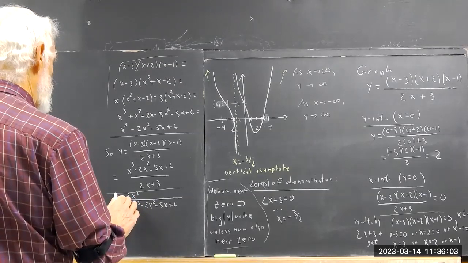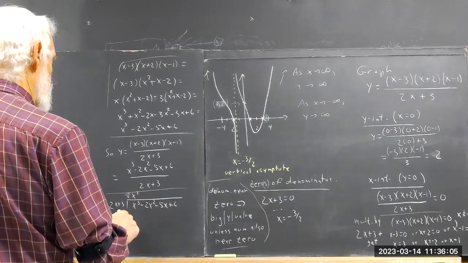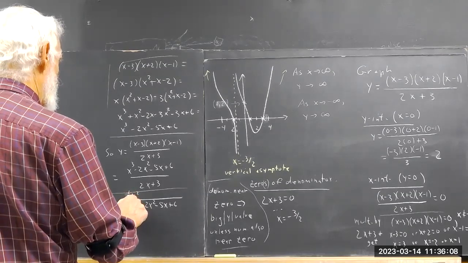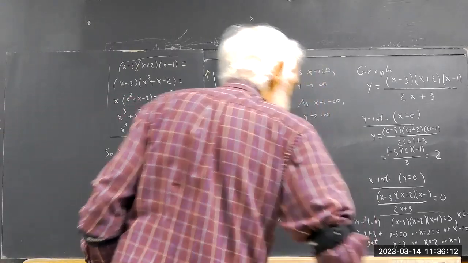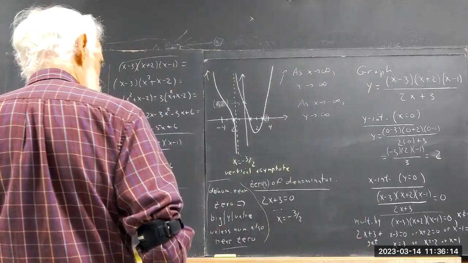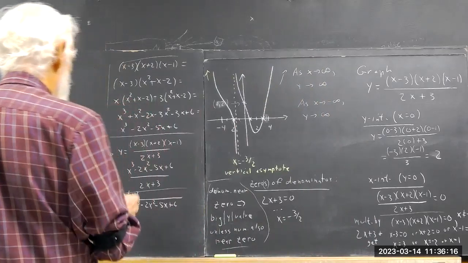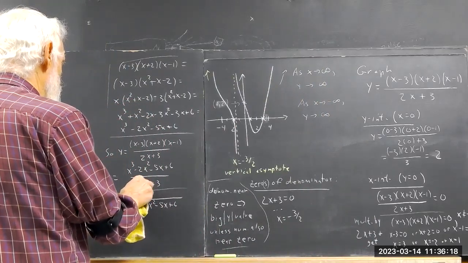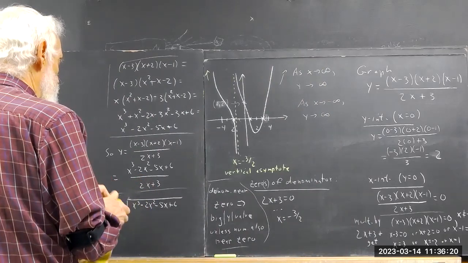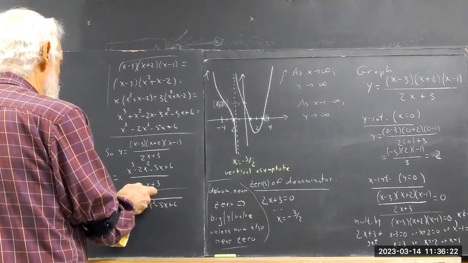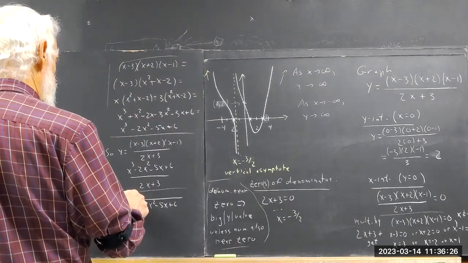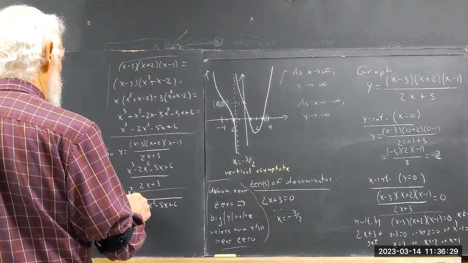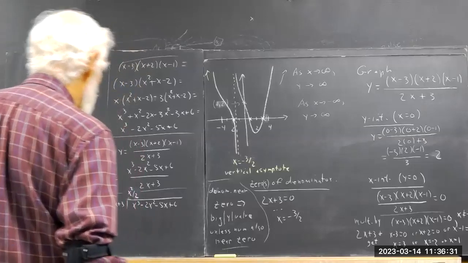Sorry, we get 1/2 x squared, which I'll write as x squared over 2.